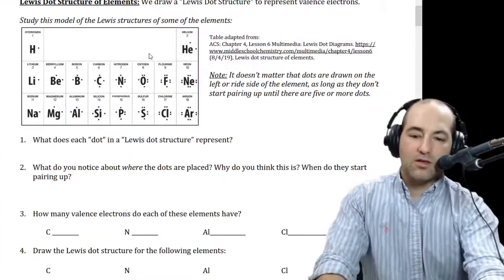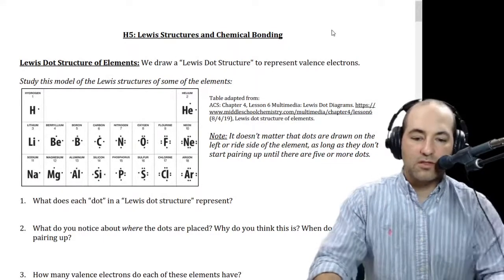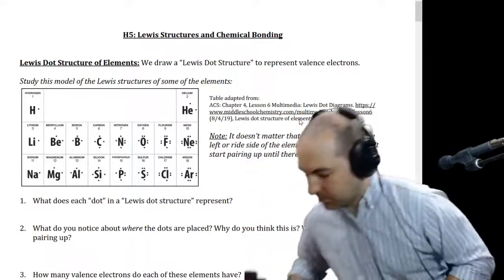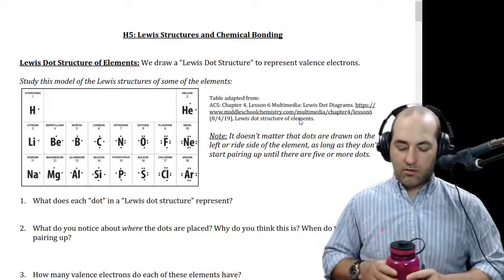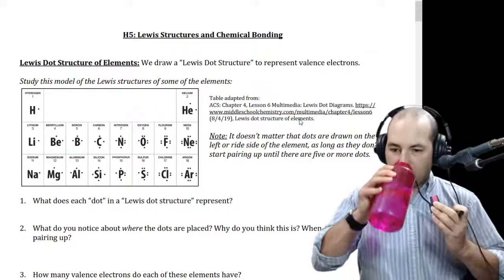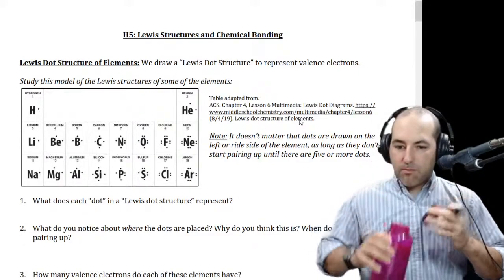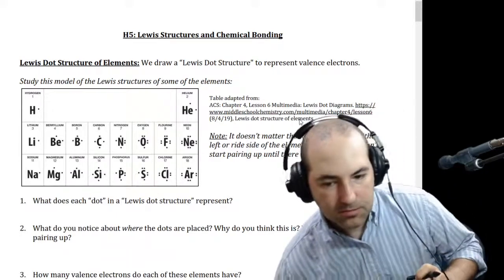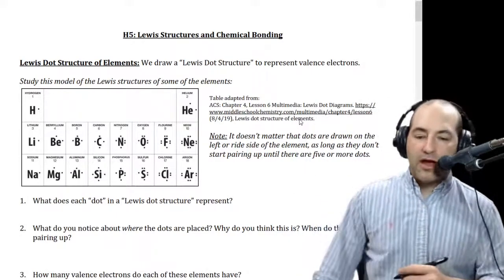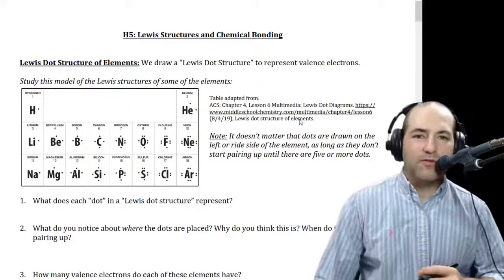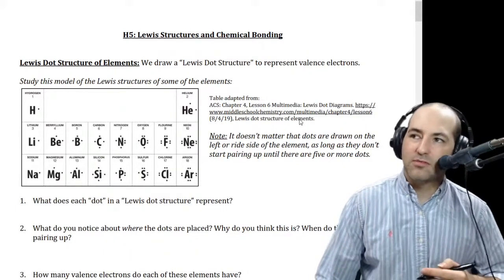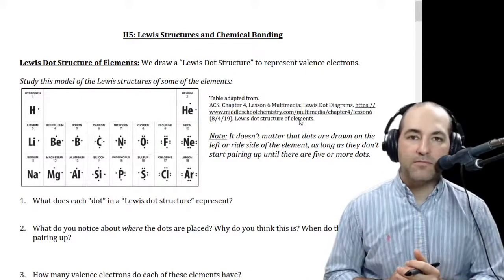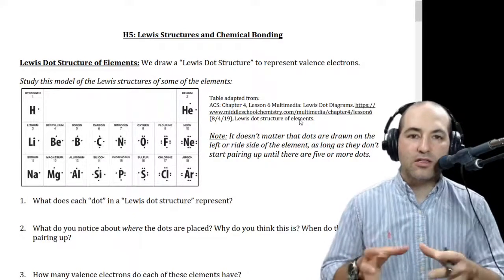So let's take a look at our next topic, which is Lewis structures, or Lewis dot structures. Last, actually, I don't remember if it was last time, I think it was 2 times ago, when we did those buckets of electrons where we looked at how many electrons are in each of these shells.